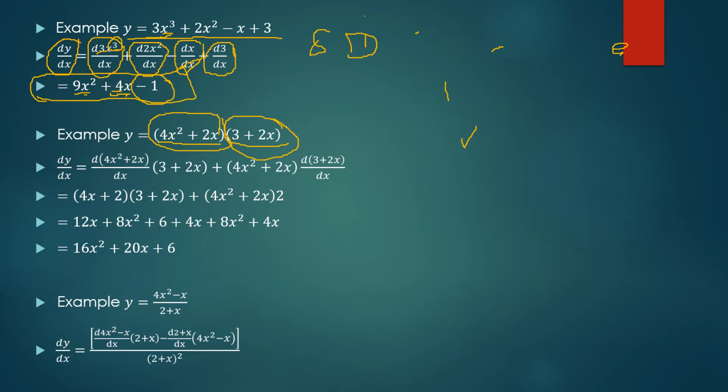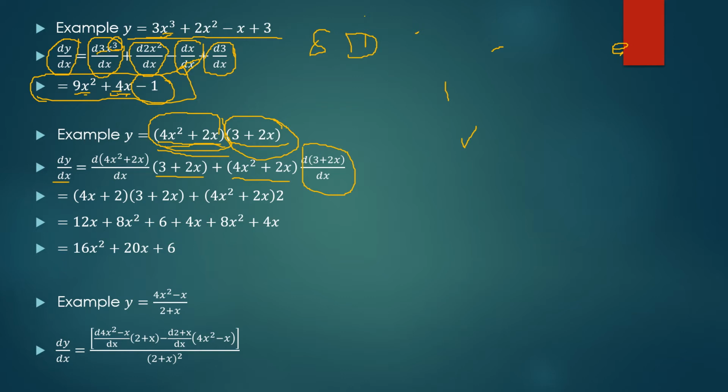So writing the base formula: the derivative of the first function, which is 4x plus 2x all over dx, times the 3x plus 2x, which is the value that we do not derive, plus again the underived value, which is the 4x plus 2x, times the derivative of the second function, which is this one. Okay, so doing that, let's do it again one by one.